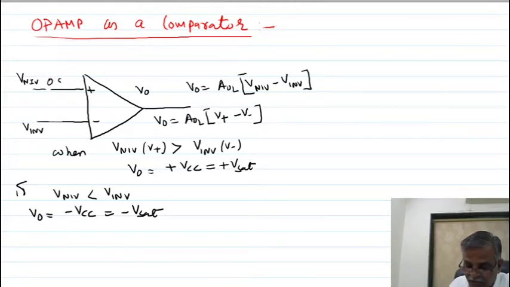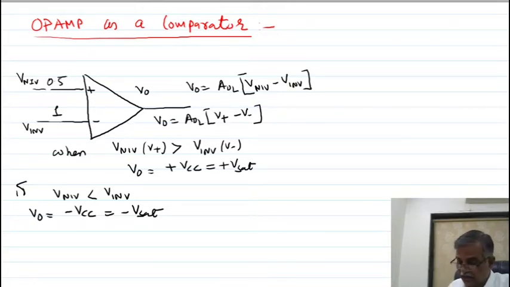If this is 0.5 volt and this is 1 volt, we will get a negative voltage. In short, if the voltage at the positive terminal is more than at the negative terminal, you will get positive. If the voltage at the positive is less than the negative, you will get negative voltage.